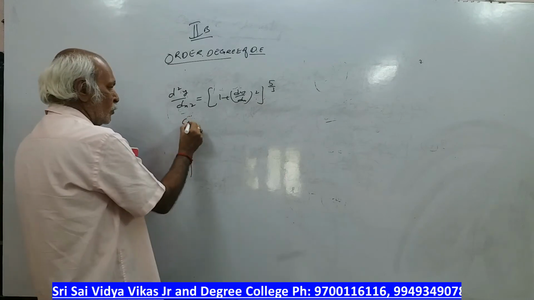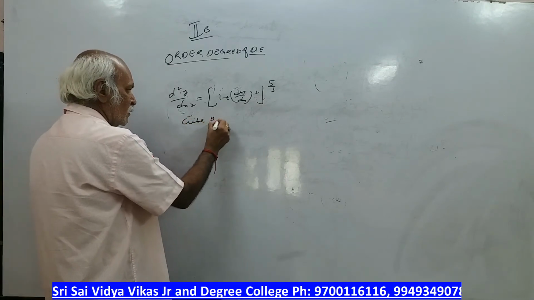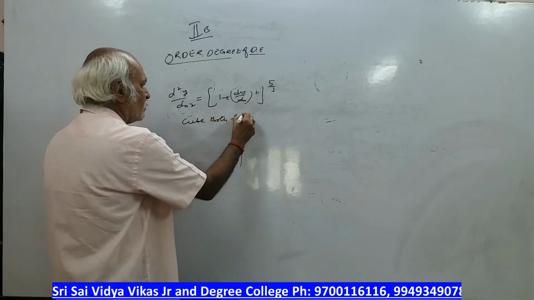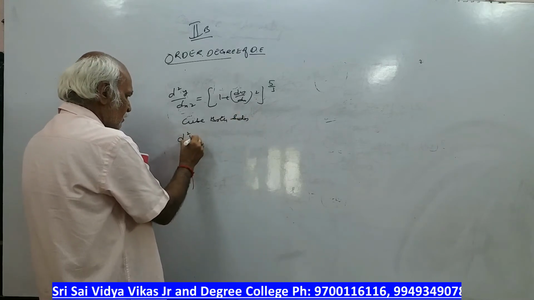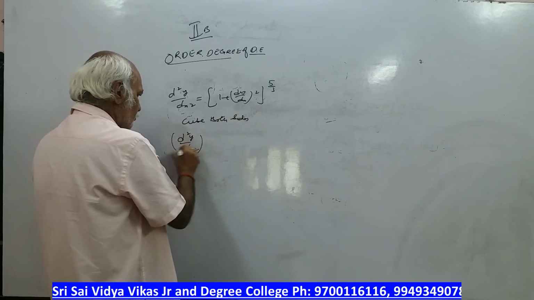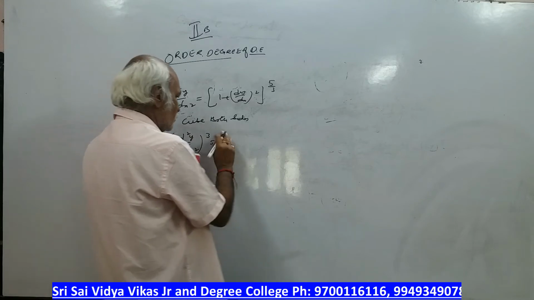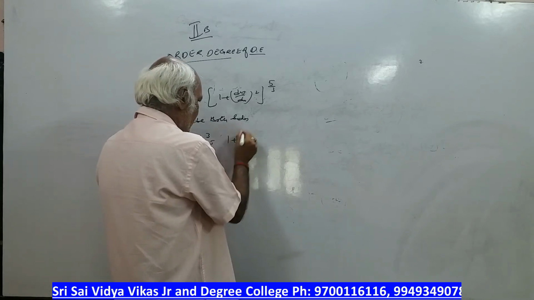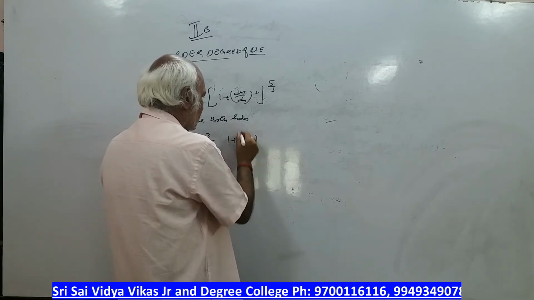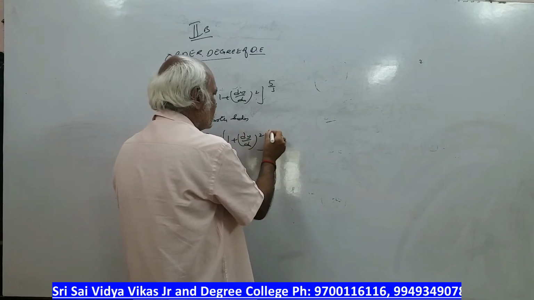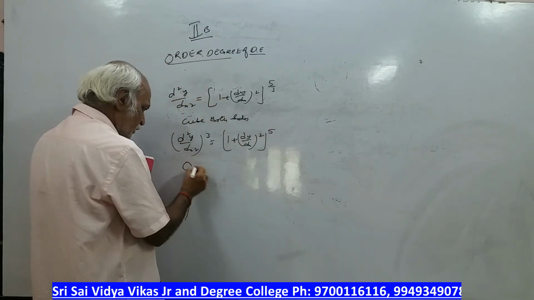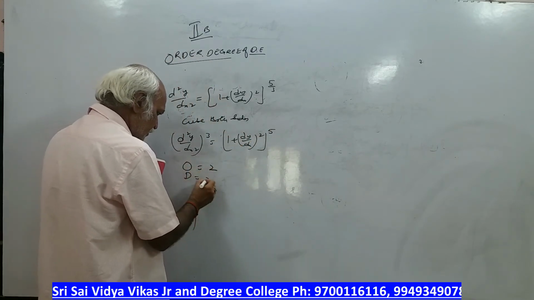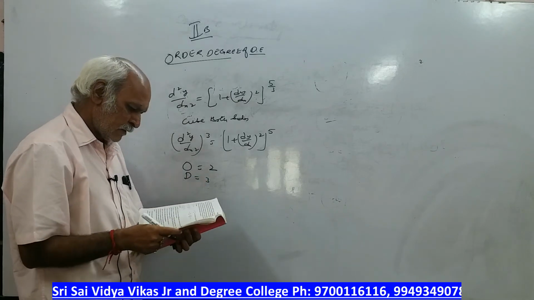So cube both the sides. So what will happen? Whole cube is equal to 1 plus whole raised to 5. And what is the order? 2. Degree 3. Right? Next.